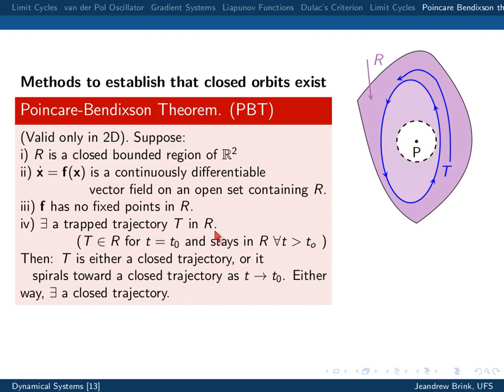Typically, the art is to choose the region R so that on the boundary of R, all the phase space arrows always point inward. They all point inward in this direction, and they all point outward around these fixed points.